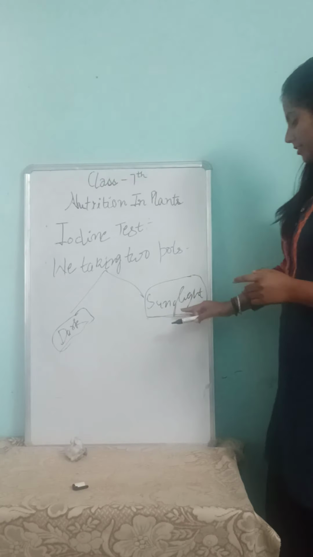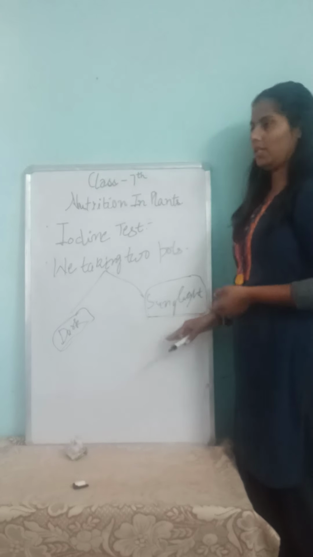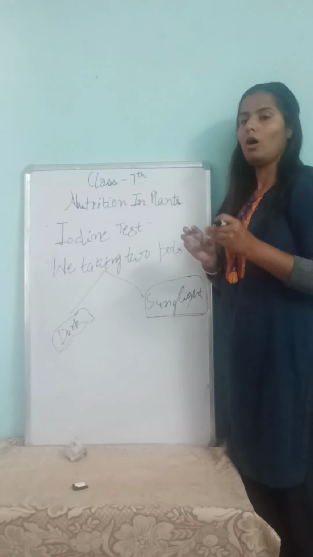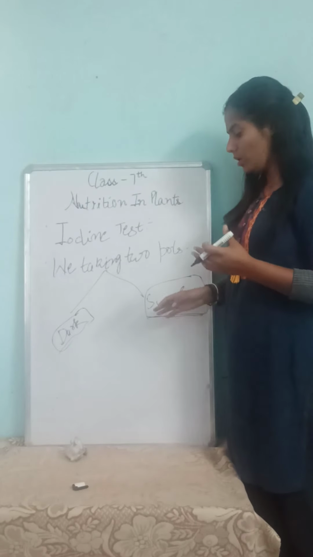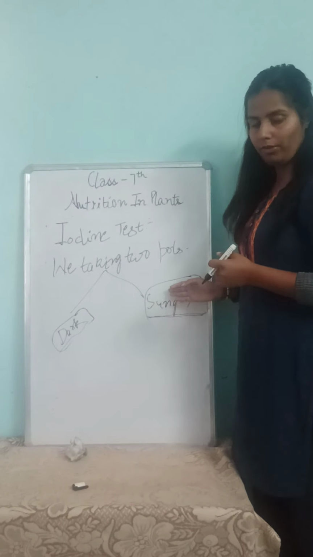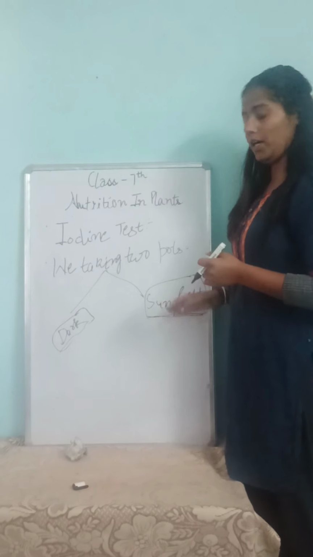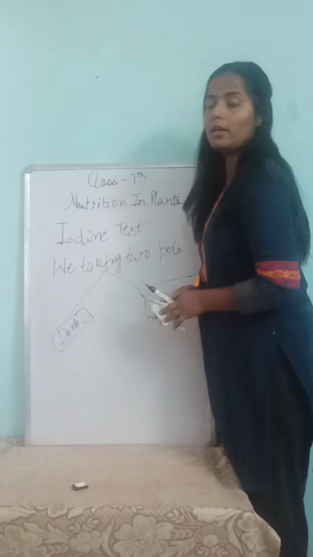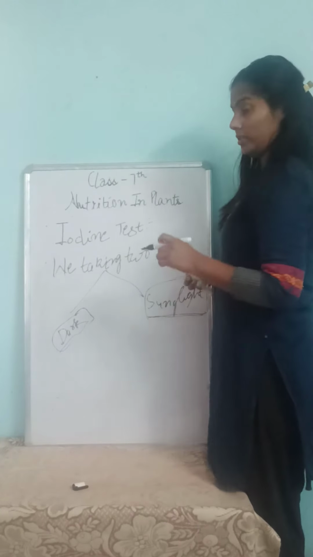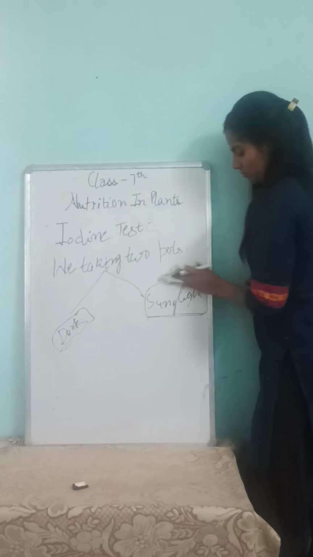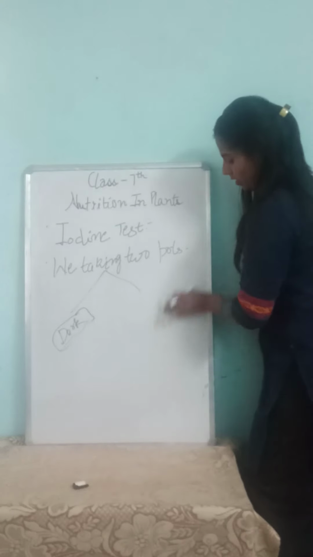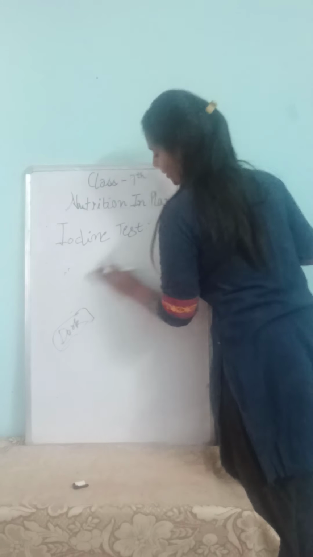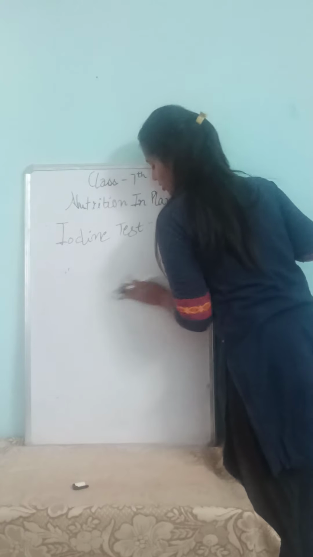The change in color represents the presence of starch. So it will represent that the leaves have chlorophyll, the green pigment, in them. Are you getting something from this, class? You have done this experiment in class 6 also.